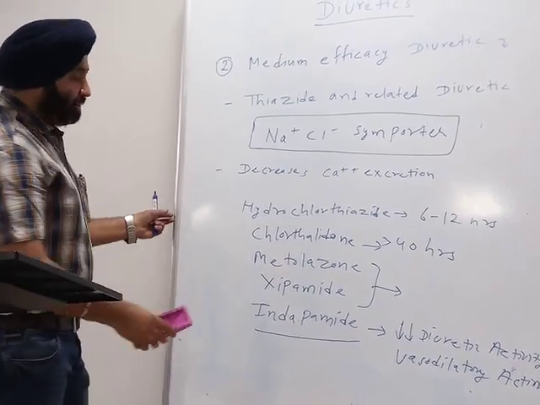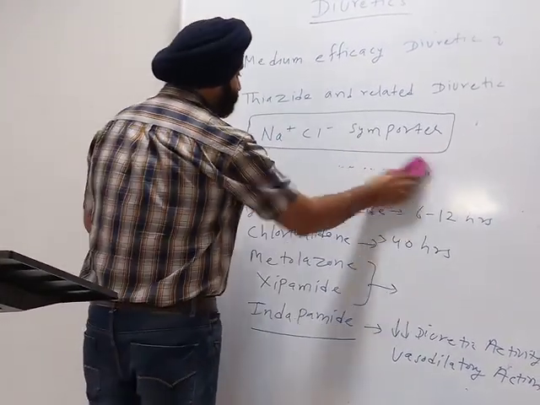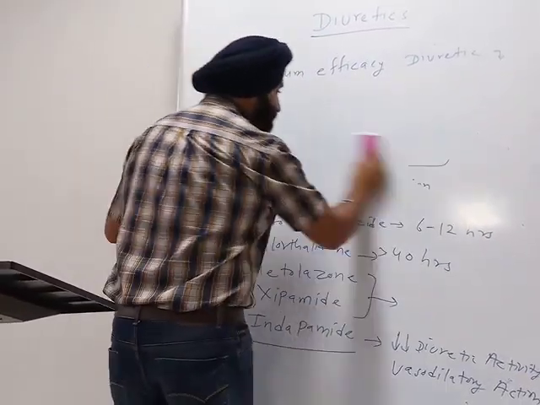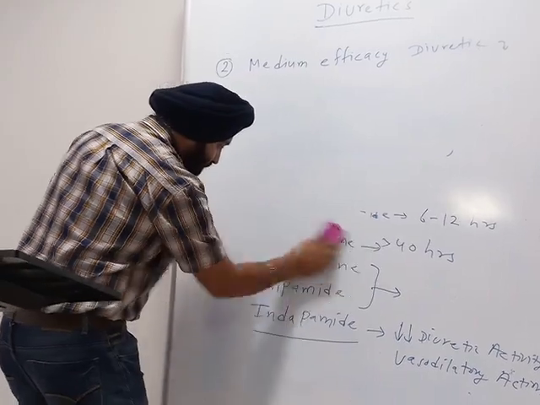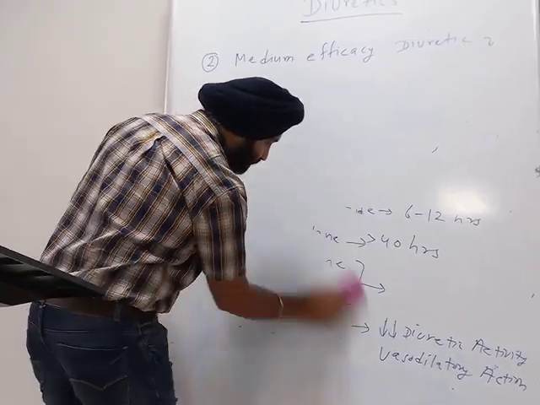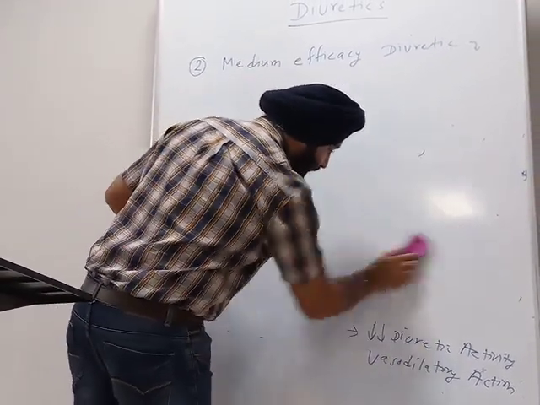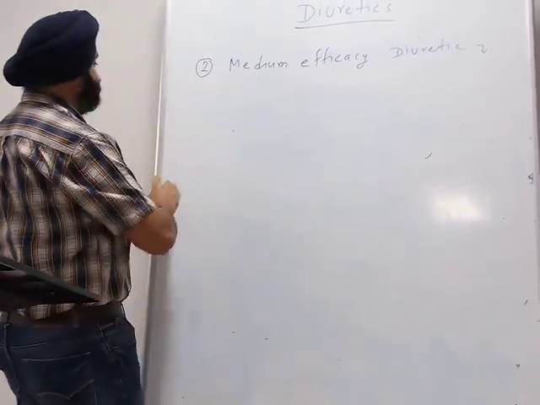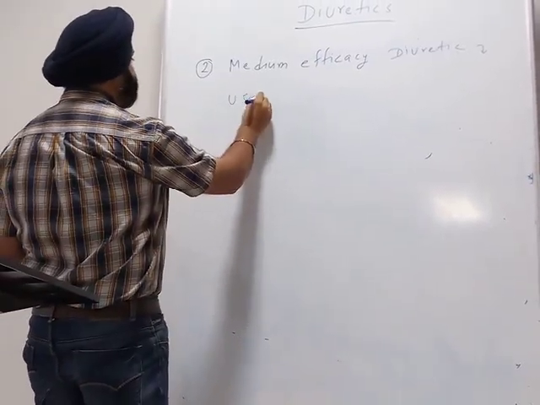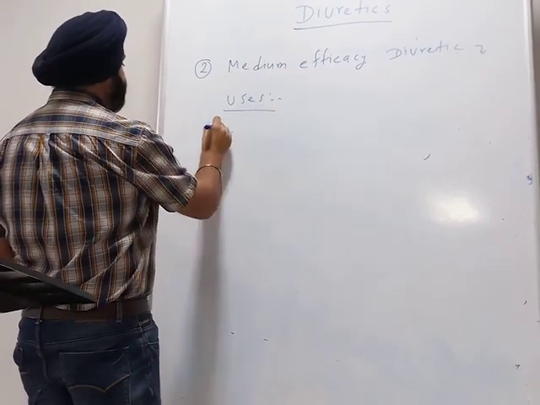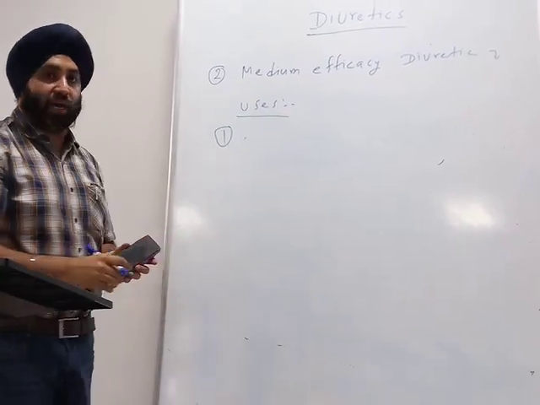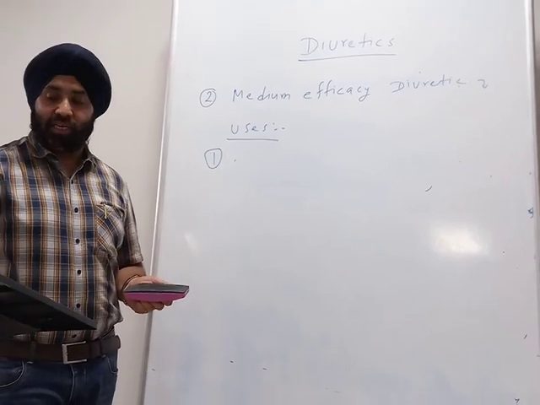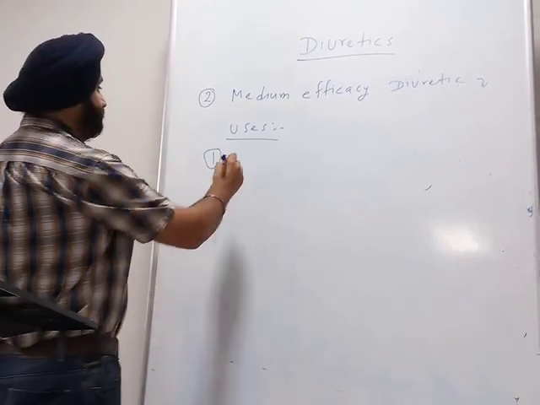Now we will understand the uses of thiazide or related drugs. The first and foremost use is the treatment of hypertension. It is very commonly asked in exams why thiazides are a good antihypertensive compared to the high efficacy diuretics or furosemide.